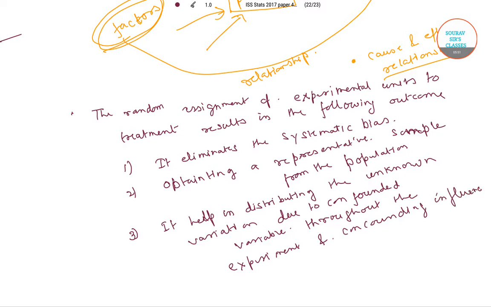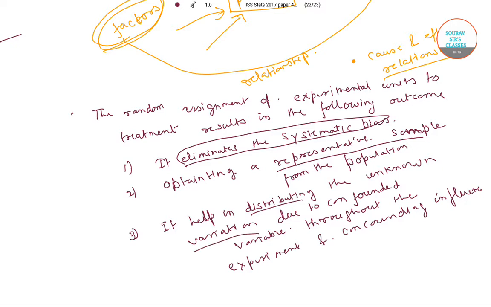So this random assignment, or the principle of randomization, eliminates the systematic bias. It helps in obtaining a representative sample from the population, and it helps in distributing the unknown variation due to confounded variables throughout the experiment.